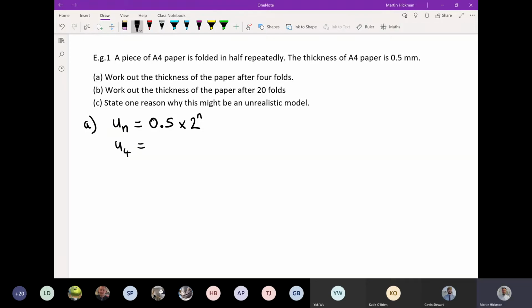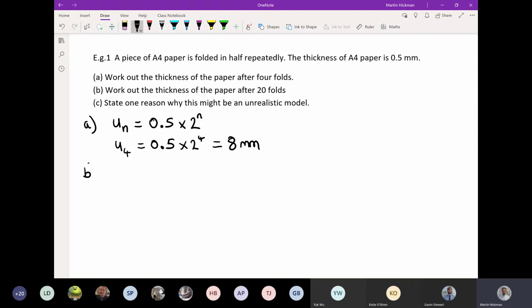So to find u4, I just do 0.5 times 2 to the power of 4, which just gives me 8 millimeters. So I've set up a formula and then just plugged in n. It's about extracting the information you've got in the question into a formula and then simply putting the numbers in.